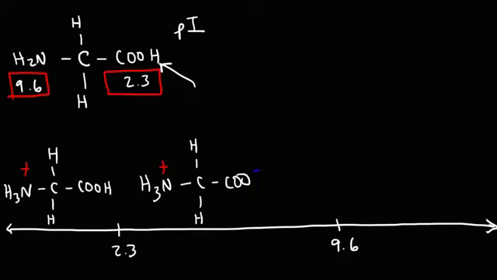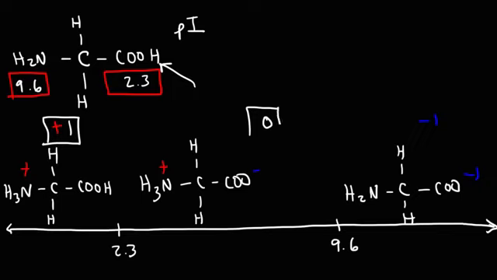Now, when the pH goes past 9.6, the amino group will lose a hydrogen. So it's going to be deprotonated, and this will now be the dominant form of the amino acid. So on the left, the net charge is +1. In the middle, it's 0. And on the right, the net charge is -1.